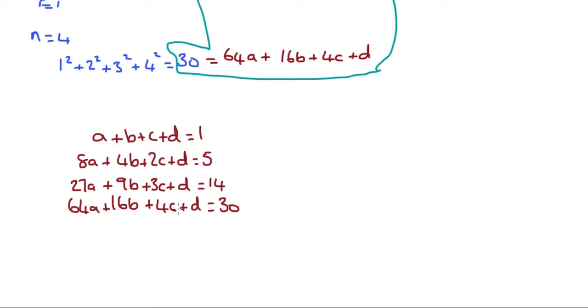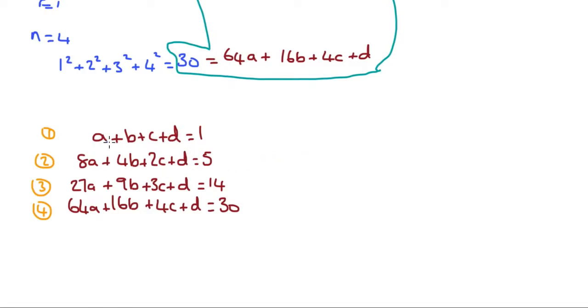The easiest one to eliminate is going to be D. If I call this row 1 and subtract row 1 from rows 2, 3 and 4, that will create a new set of simultaneous equations, but D won't be in those equations because D will cancel, D will be eliminated.